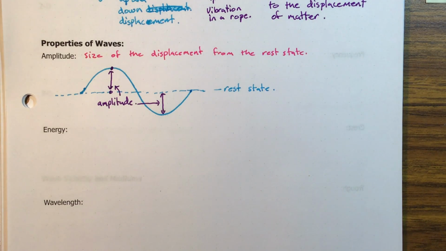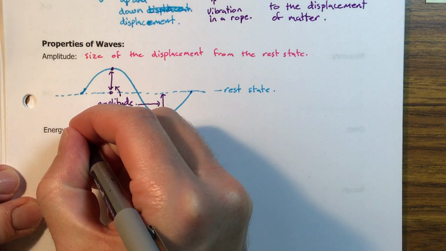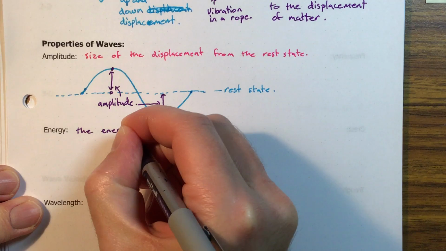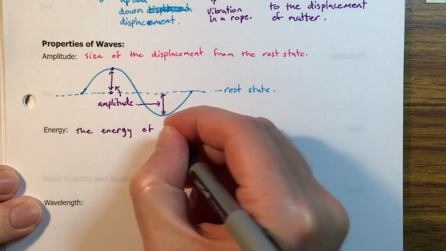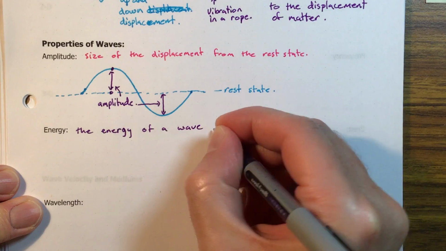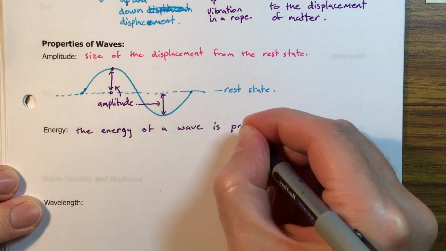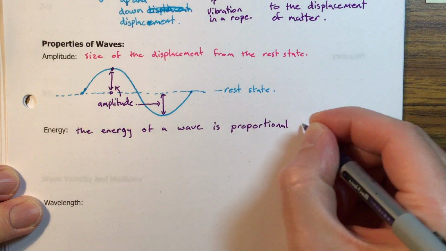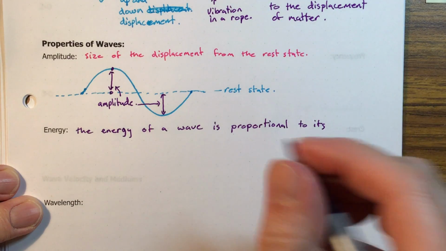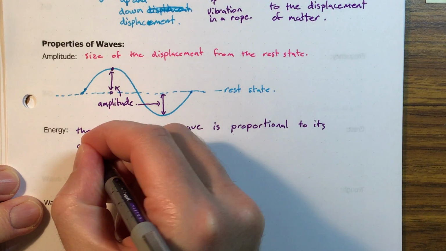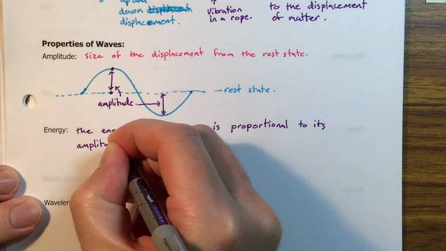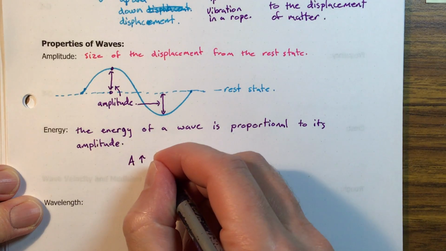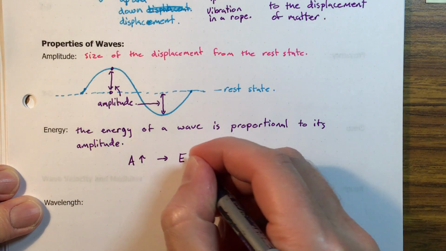In a wave, the energy of a wave is proportional to its amplitude. So as amplitude increases, our energy increases.